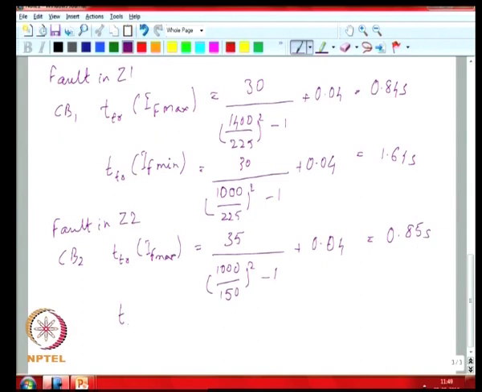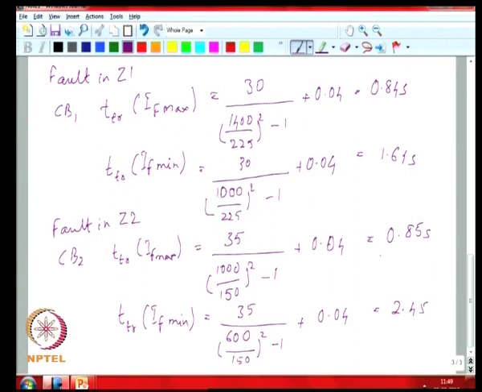If you look at your trip time at IF min, the IF min is 600 amps, with a pickup current of 150 amps. So at 1000 amps circuit breaker 2 trips in 85 milliseconds, and at 600 amps it trips in 2.4 seconds.